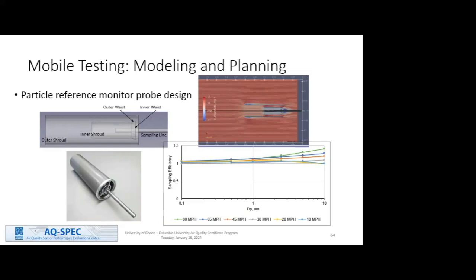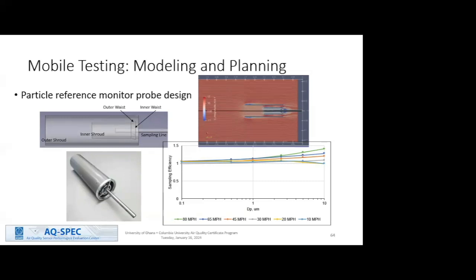This is a custom design, and there was CFD modeling that went into that. The results of this CFD modeling went into an R script that I developed to figure out what kind of sampling efficiency we would get for different size particles, from 0.1 to 10 microns, at different speeds that we're driving the car. And sorry, these are miles per hour, not meters per hour.